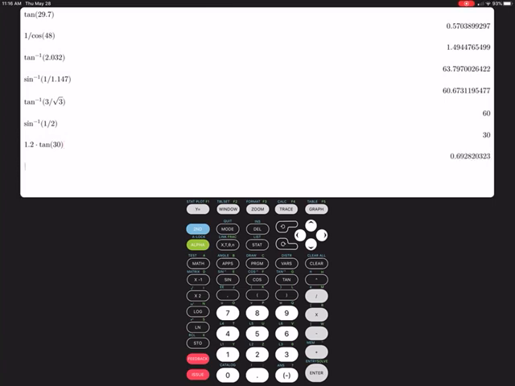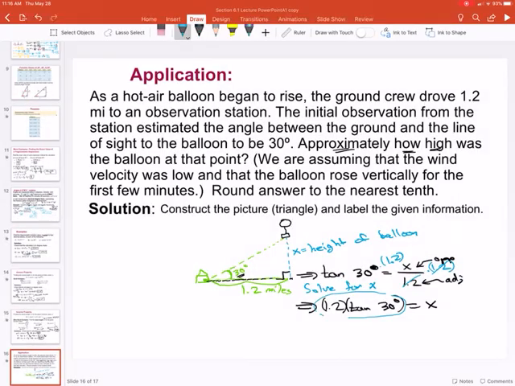We want to round to the nearest tenth, so it says 0.7. Now, this is in miles, so x is equal to 0.7 miles.